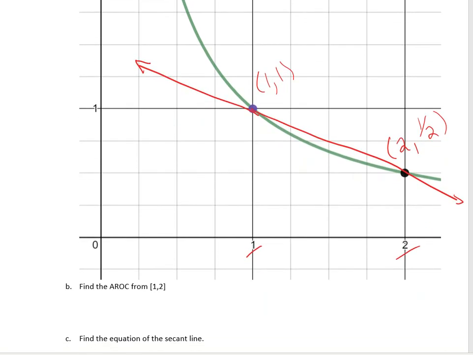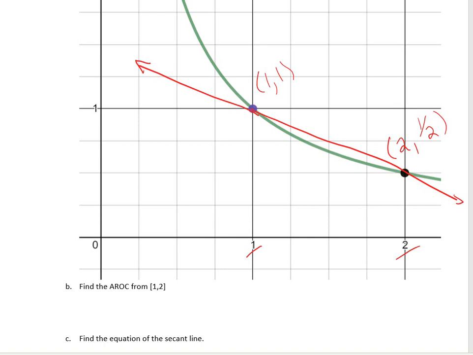Now the next question asks us to find the average rate of change from 1 to 2. A couple of things I want to note: if we look at the picture, as we read it from left to right, we're going down, which means we're going to have a negative slope.